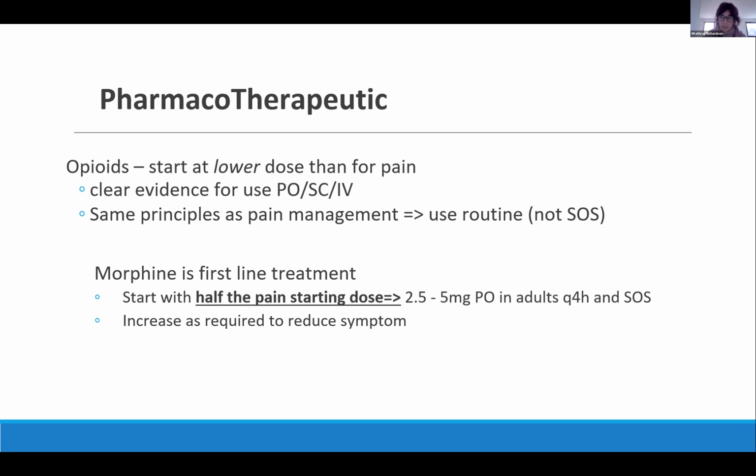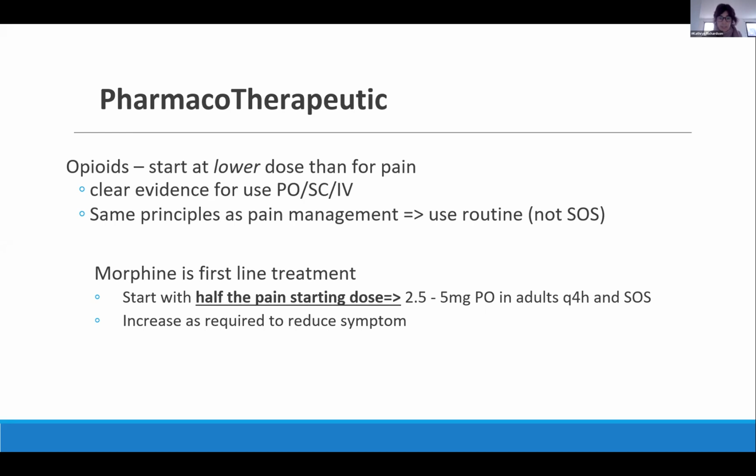If possible, orally. We always use the oral route when possible, but it's just as effective if you need to give it by subcut or IV route, because the patient is unable to take oral medication. You might want to give a trial dose as an as needed or SOS medication first, and if it's effective for the person, then you can give them a regular regime.